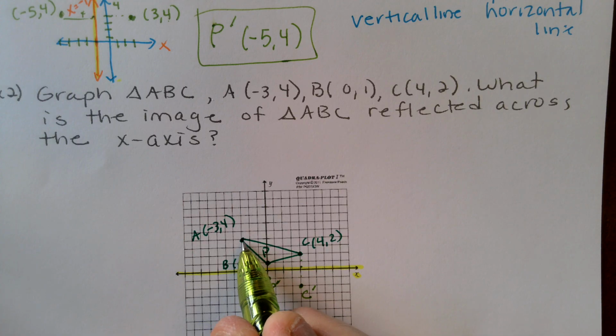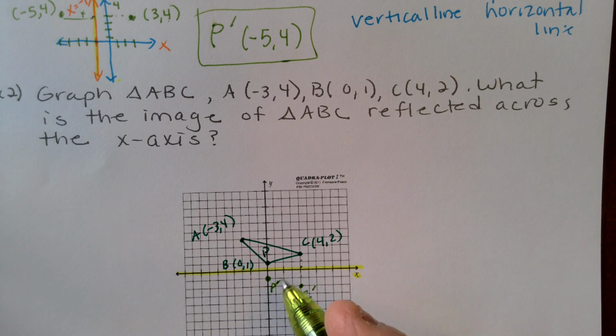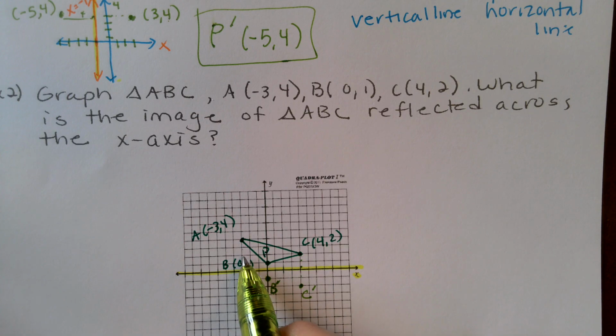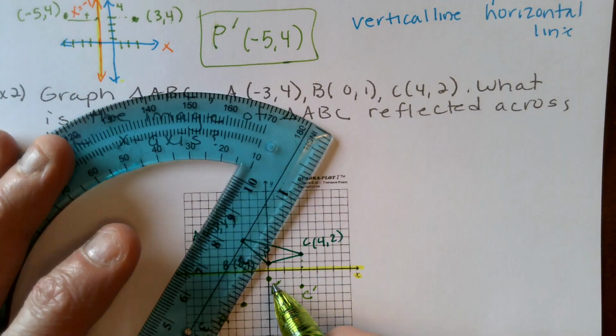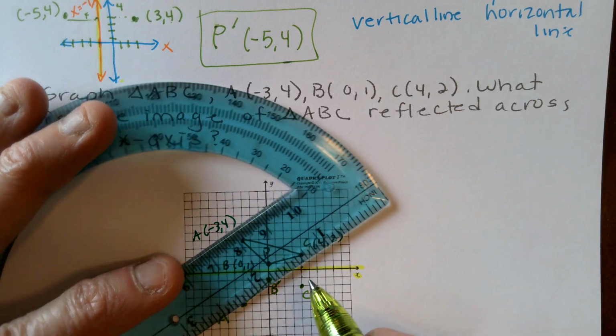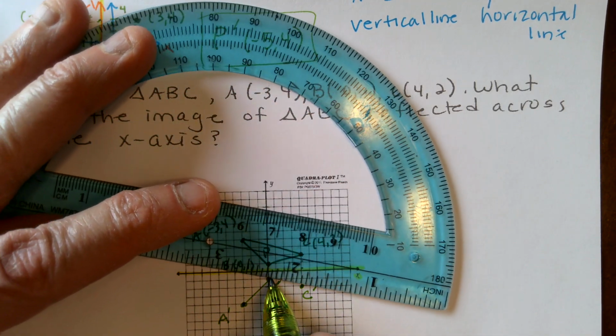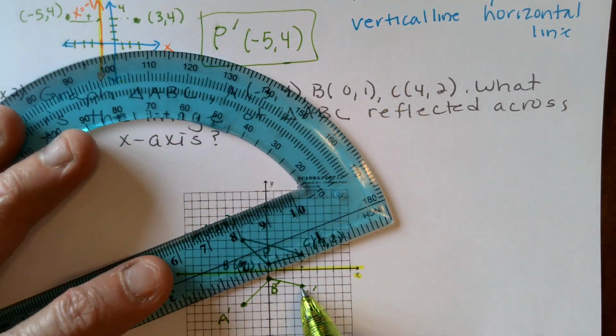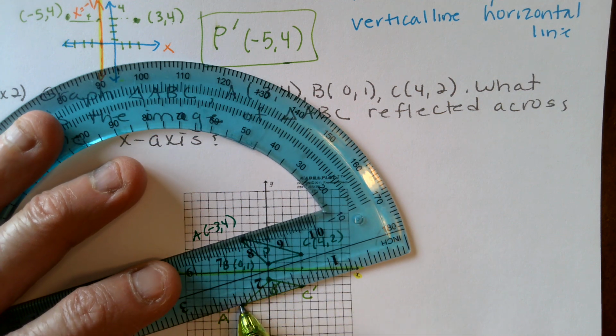And A, wait, what the heck? That's B prime, not P. P is the pre-image. 1, 2, 3, 4. 1, 2, 3, and 4 right here. So that is your A prime. Use your graph paper and use your straight edge for your homework.